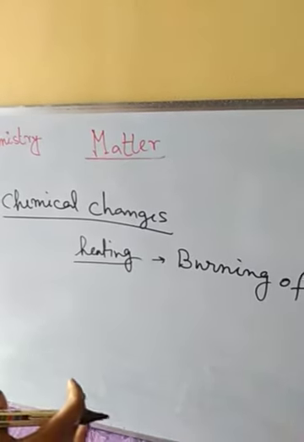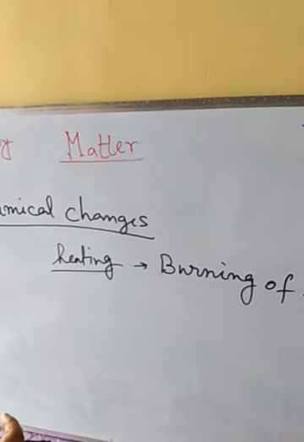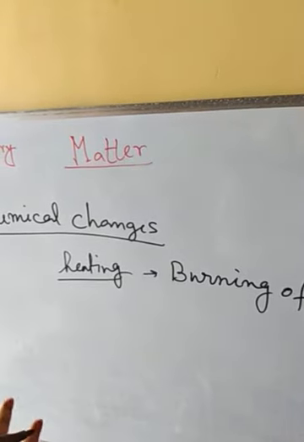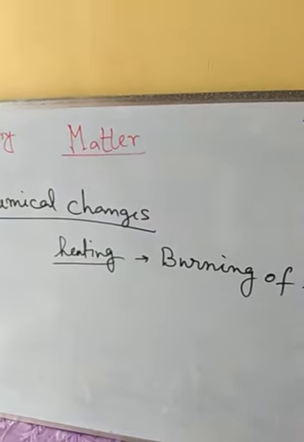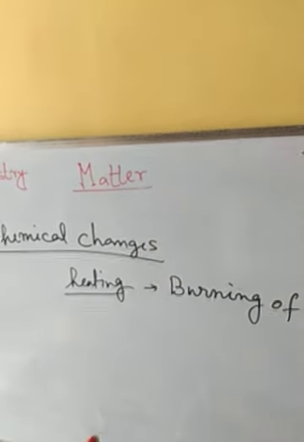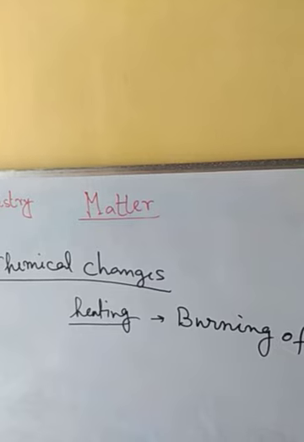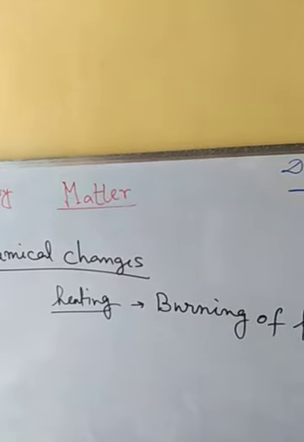That's why this kind of change is a permanent change, an irreversible change. We cannot get back the substances that were there before the change. So this is a kind of chemical change.